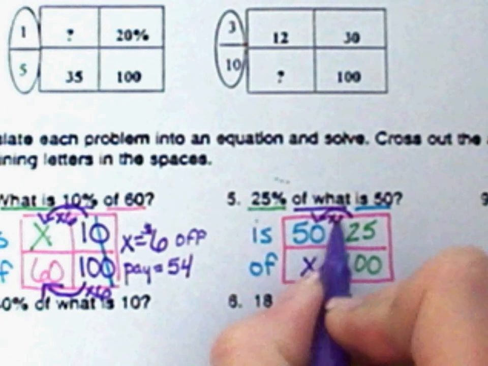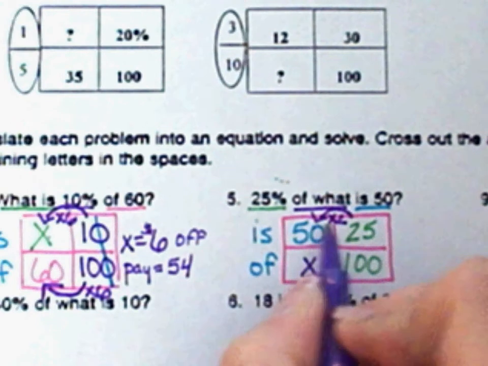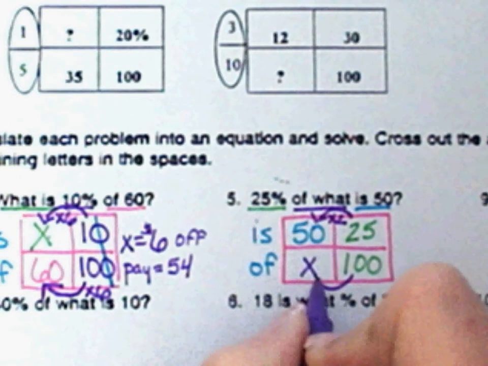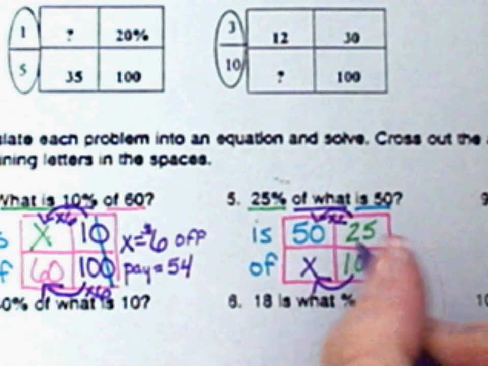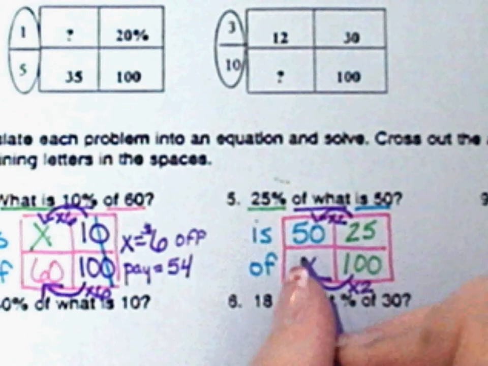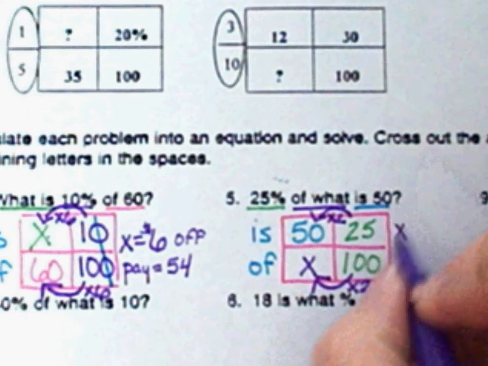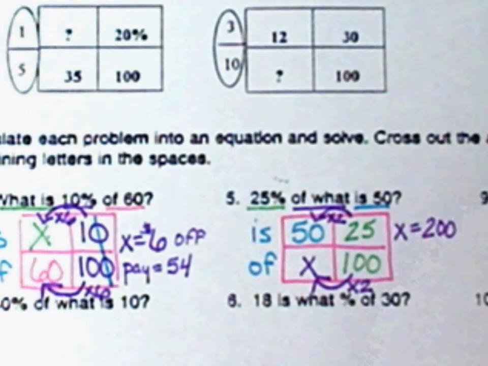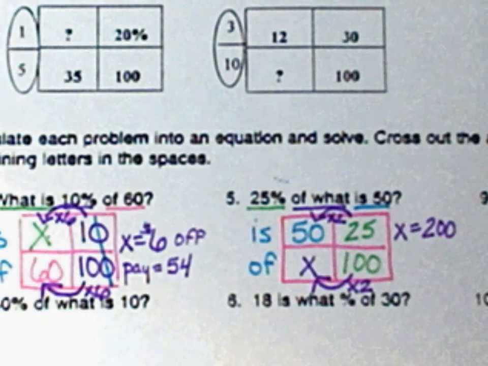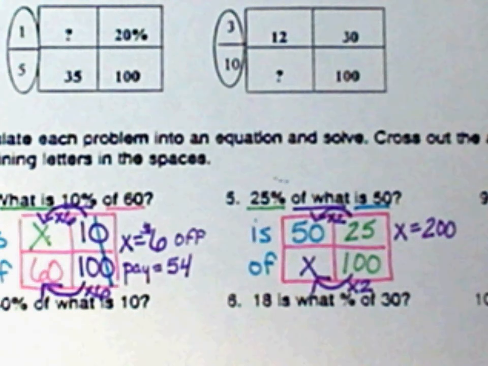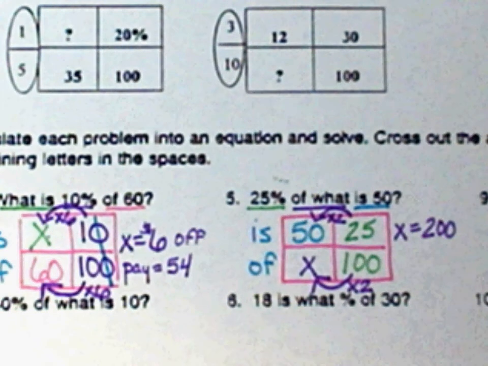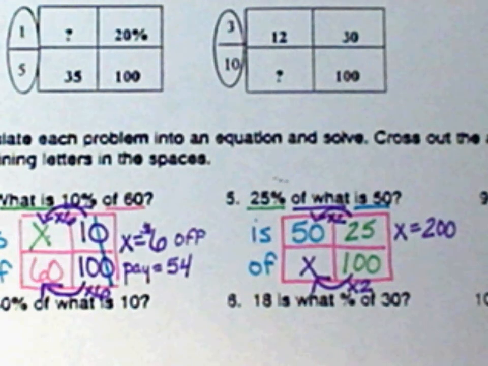25%, well, percent is always out of what? 100, so I would write 25% as 25 over 100. Of what? So my "of" is my question. I'm not really sure what goes there yet. "Is" is 50.